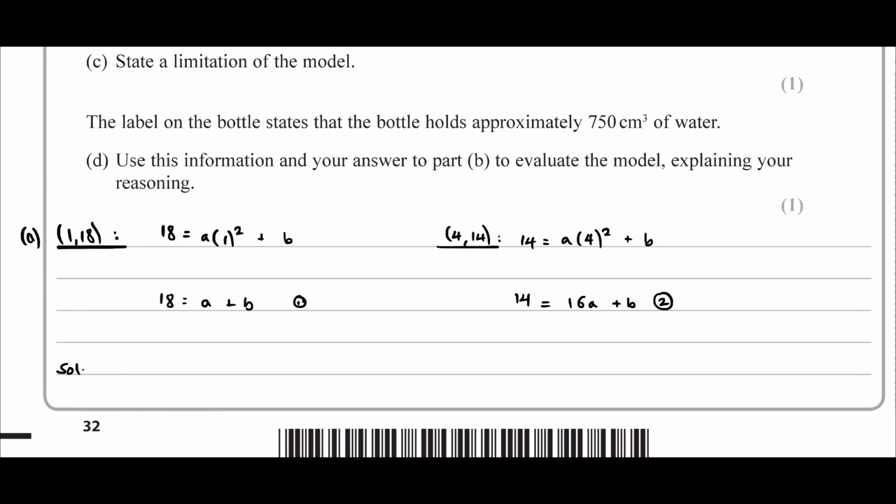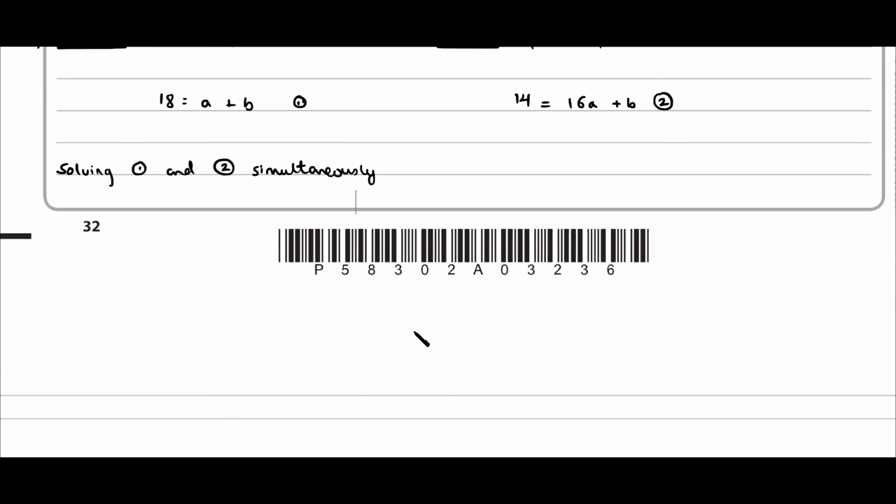And now solving equation 1 and equation 2 simultaneously by subtracting the equations from each other, we see that we have 15a equals minus 4. A is equal to minus 4 over 15. And when a is equal to minus 4 over 15, we have minus 4 over 15 plus b equals 18.